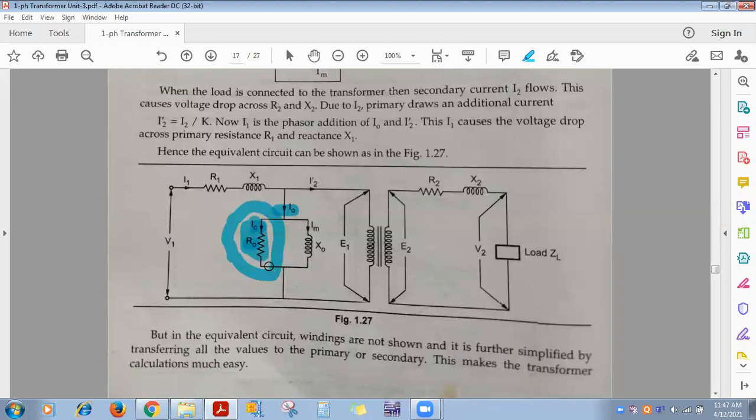Whatever current flows at no load has to overcome the primary winding copper loss, which is very, very less at no load.